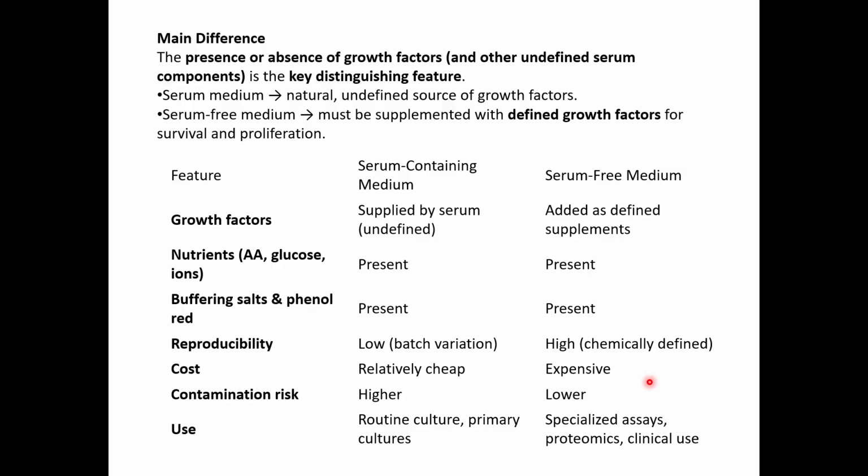There is no batch to batch variability, and cost is very expensive because you have to purchase each component individually, and then contamination risk is low, and so it is used for more specialized assays and proteomics and other things where your serum factors might somehow inhibit your experimental setup. So this is regarding the serum containing media and serum free media.